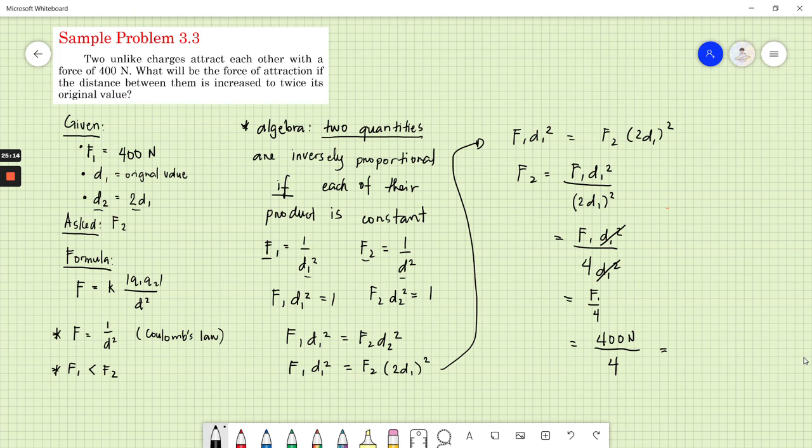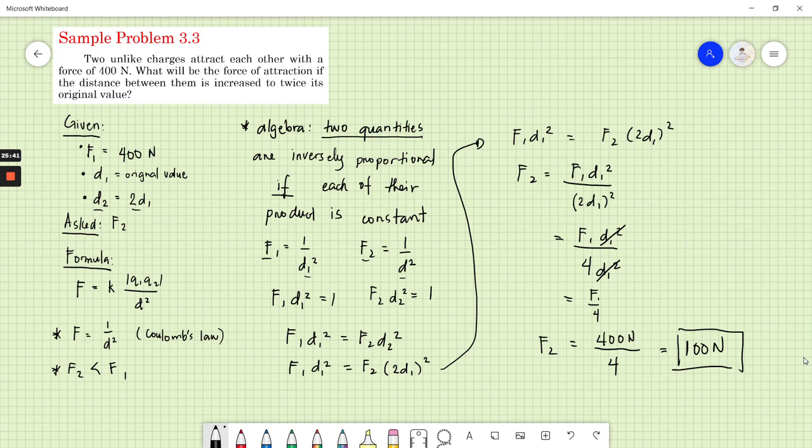Therefore, F2 is equal to 100 newtons. Does it make sense? It does, because F2 is less than F1, since we increased the distance for F2.